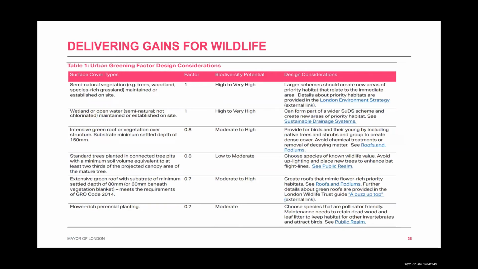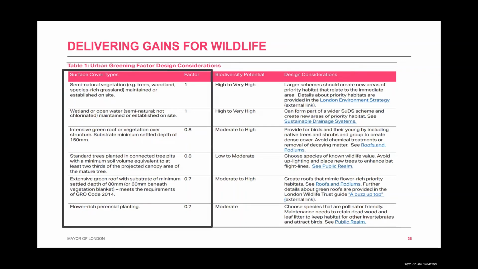So part of how this is done in the guidance is by looking at the surface cover types that are set out in the London plan for the urban greening factor, which I've circled here, and considering the biodiversity potential of those different cover types, if they're designed with biodiversity in mind, or taking into account ecological principles and local priorities.